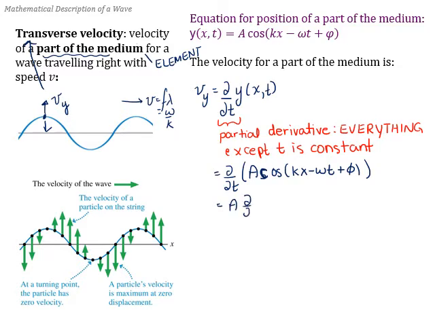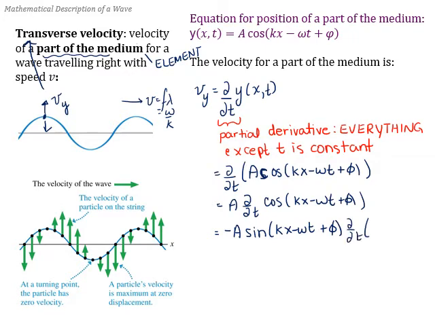We've got the derivative with respect to time of cosine of kx minus omega t plus phi. Okay, the derivative of cosine is minus sine. I'm going to take that minus right out front. Got the same argument, but we have to apply our chain rule, which means we take the derivative of the argument.